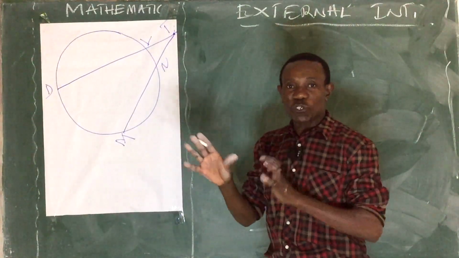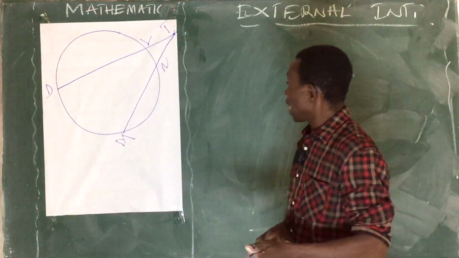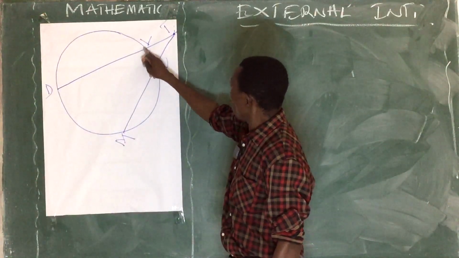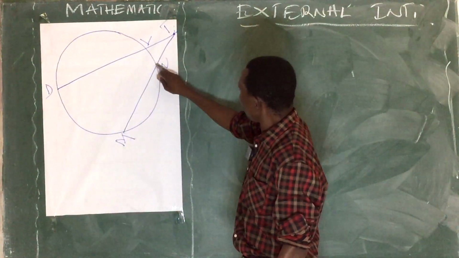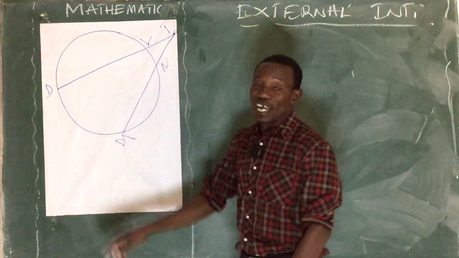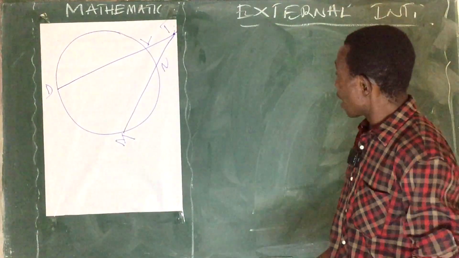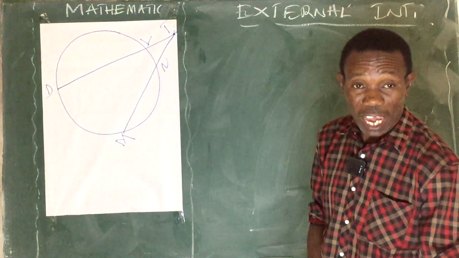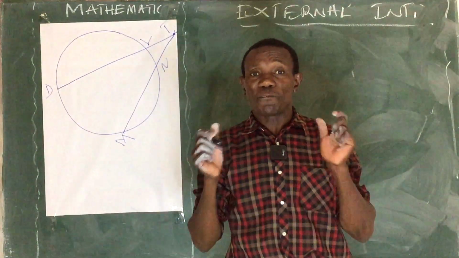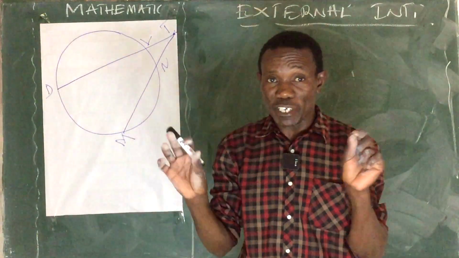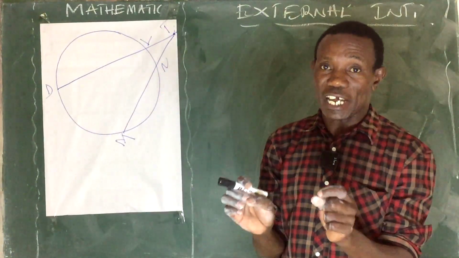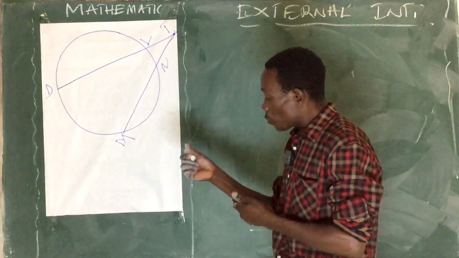So we're going to look at the relationship amongst the parts DV, VT, MN, and NT. By similarity, it means I have to introduce triangles, which have to be proved similar, then take the corresponding ratios, work them out and see the results.